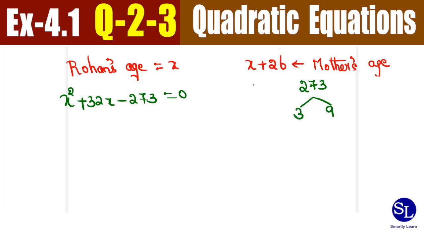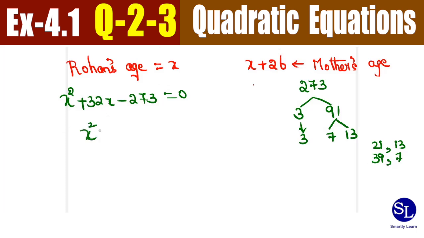So 3 into 91. 91, I can divide by 7. So this is going to be 13 times. Now let us try the possibilities. 7 threes are 21. 21 comma 13 will not fetch me a 32. But 13 into 3 is 39. 39 comma 7 will fetch me a 32.